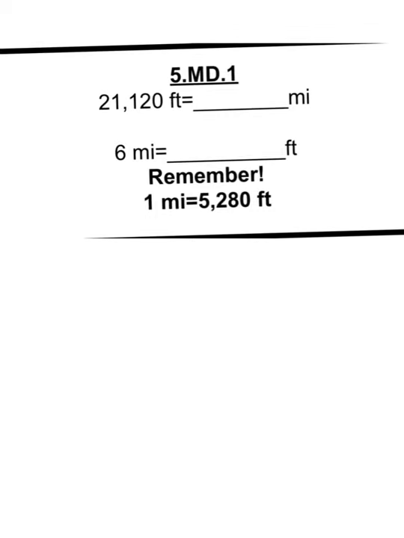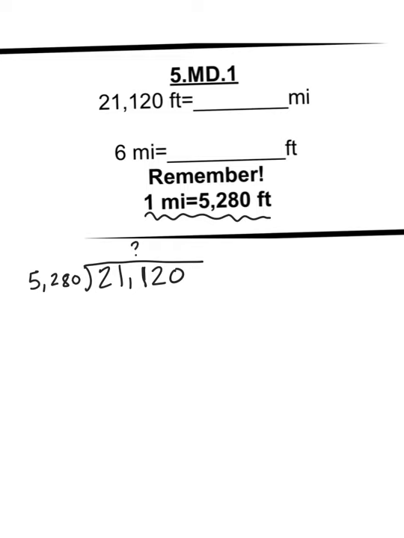Okay, moving right along, have a little measurement to spice up our day here. 21,120 feet is equivalent to how many miles? And look, they don't really expect you to memorize that. You just need to figure out 21,120 feet divided by 5,280 feet is going to give you how many miles total.